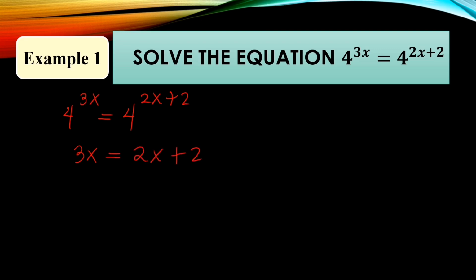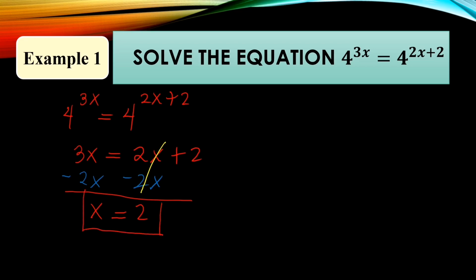Then after that, combine similar terms by adding negative 2x to both sides. Then simplify. So positive 3x and negative 2x, the answer is x, is equal to, cancel, bring down positive 2. That's why the value of our x is positive 2.